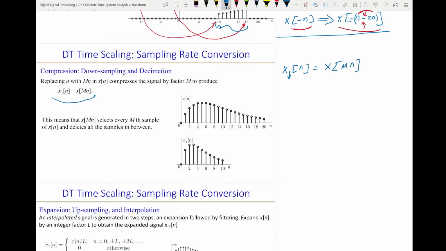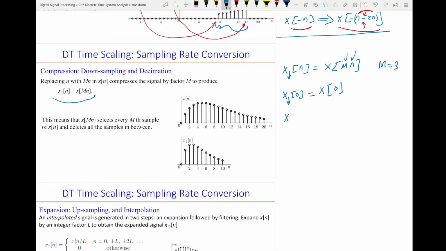If I think of m here as, let's say, 3, downsampling by a factor of 3. If I want to know the sample of this new signal at n equals 0, it will be the sample of the old signal at 0 times 3, that's 0. So same samples.